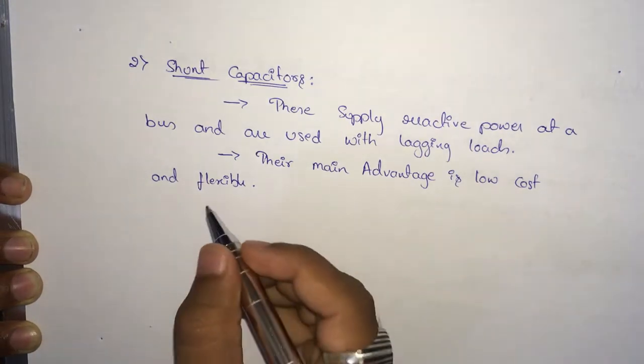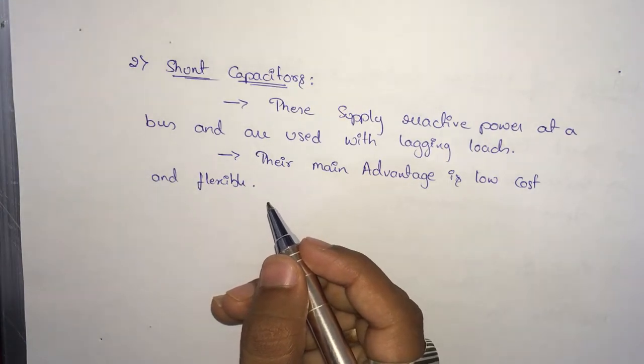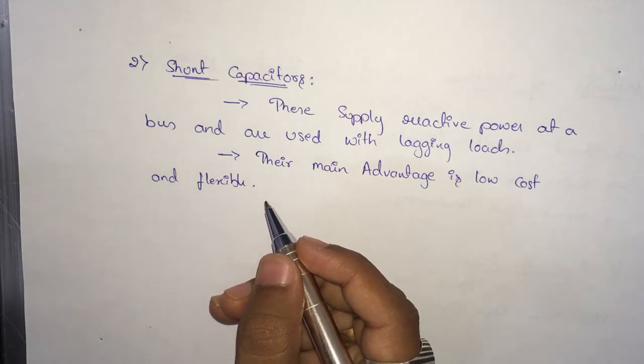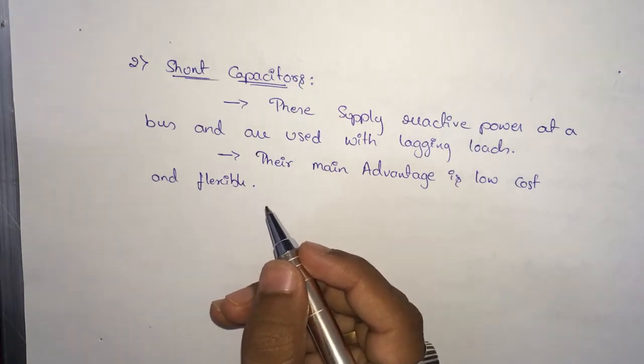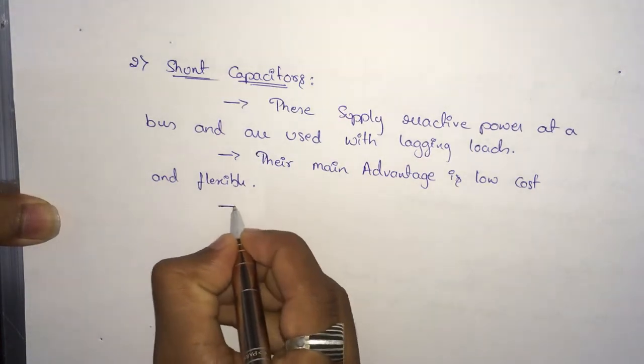These shunt capacitors are also extensively used in distribution feeders for power factor improvement and for feeder voltage control. Improving the power factor leads to maximum power transfer.